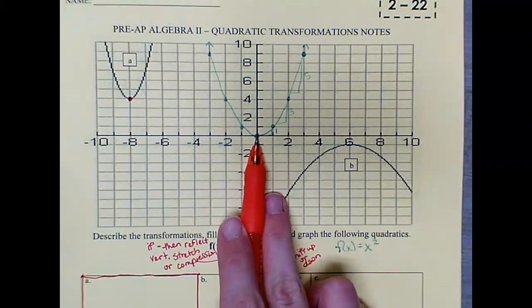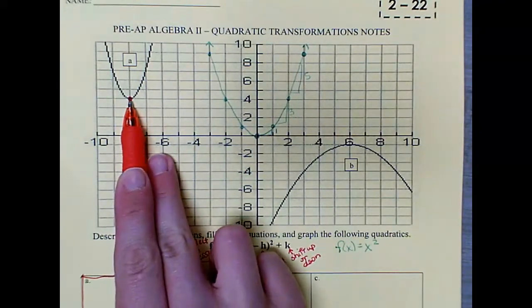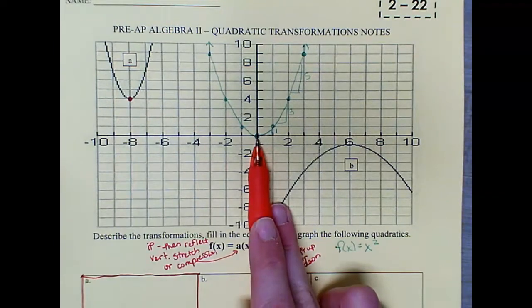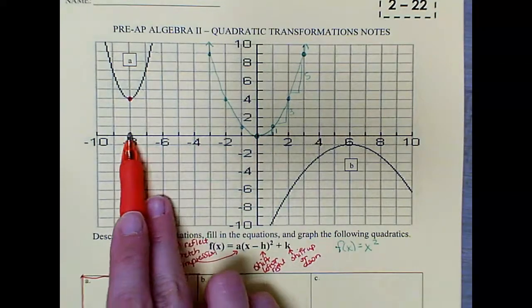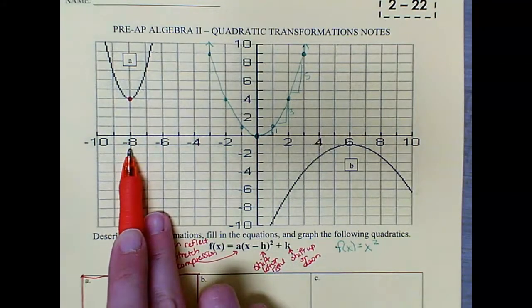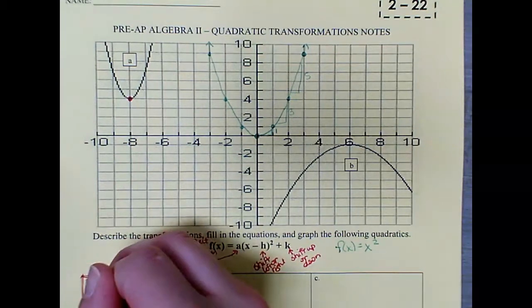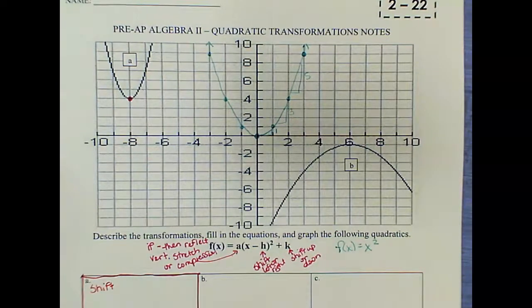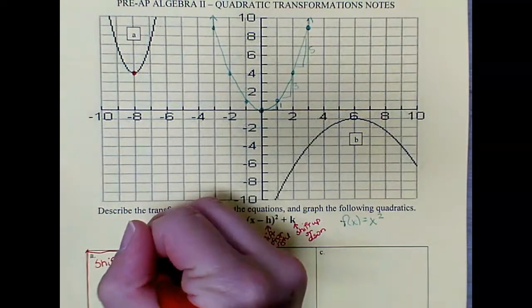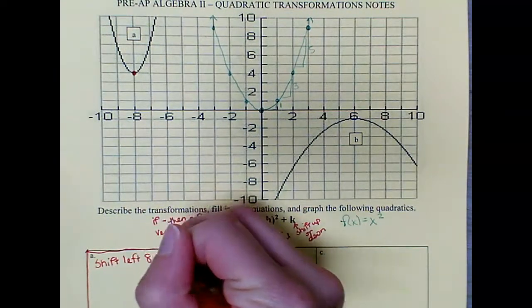From the parent function to this function, function A, how did it get shifted? It got shifted to the left. How many units did it get shifted to the left? 8 units to the left. So shift left 8 units.